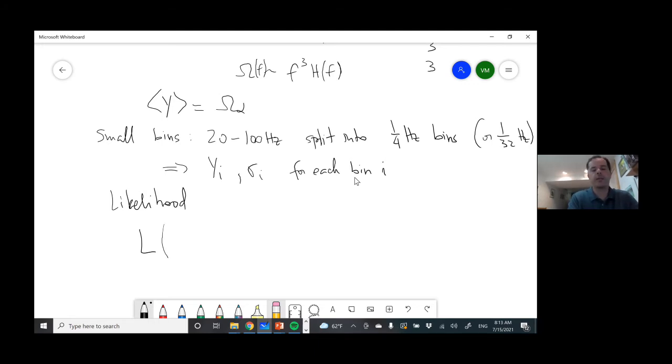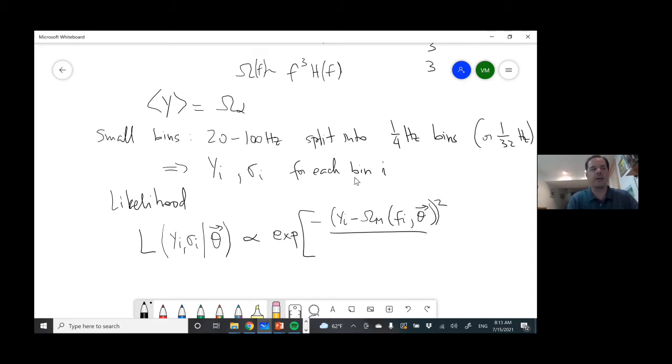What we're writing down is the likelihood of observing the set of y i's and sigma i's given some set of model parameters. As I said, this function will be Gaussian, so it will look like an exponential. And inside of the exponent, we will have minus y i minus omega m. Just bear with me, I'll explain what I mean by all of this. So this gets squared, divided by 2 sigma i squared, and then we take the product over all i.